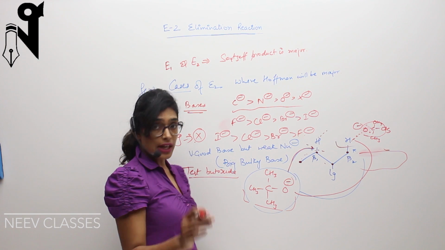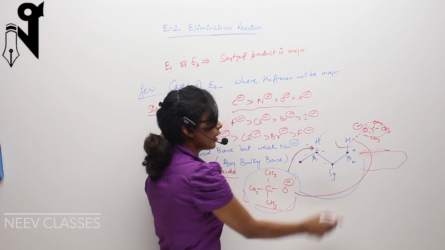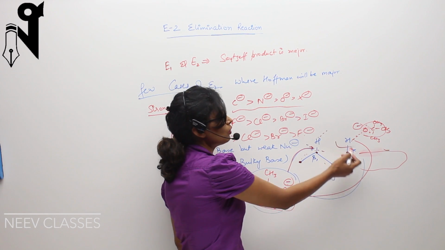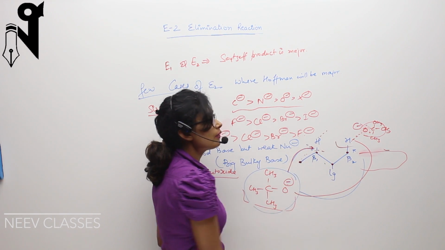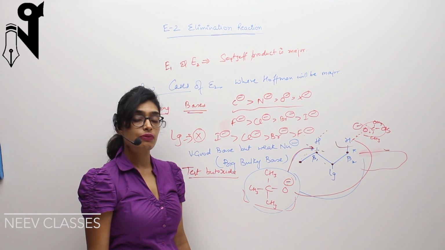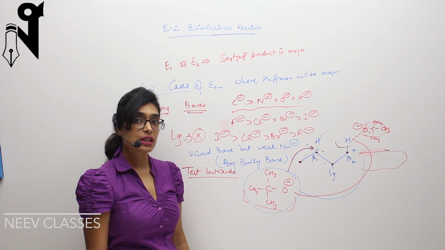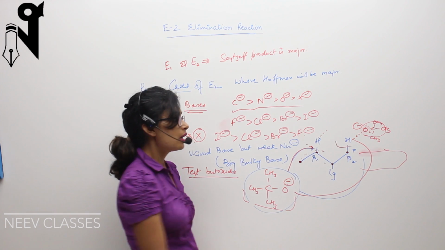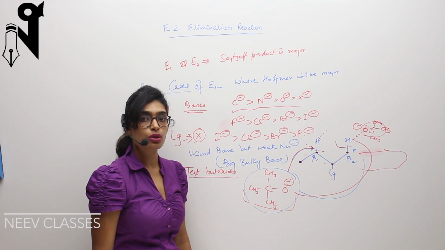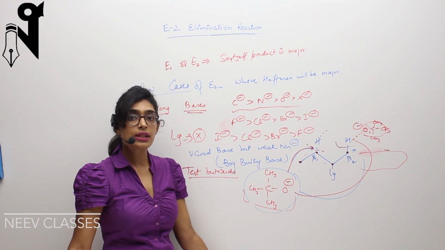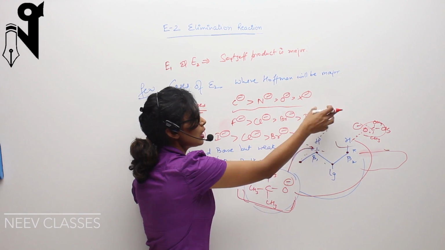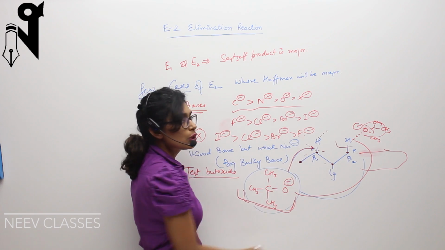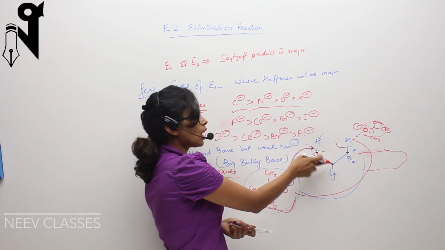So it has two options. One is removal of hydrogen from beta 1, and second is removal of hydrogen from beta 2. Though removal of hydrogen from beta 1 will give the more stable product, which we also call the Sn2 product, still it would not prefer going by that. Rather, it would prefer removing the hydrogen from the beta 2 position. Why? Because it is easier for it, because this is a very bulky base and will not be able to reach this hydrogen due to its own steric crowding and the carbons present over here.